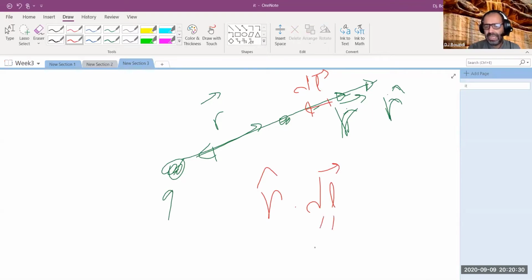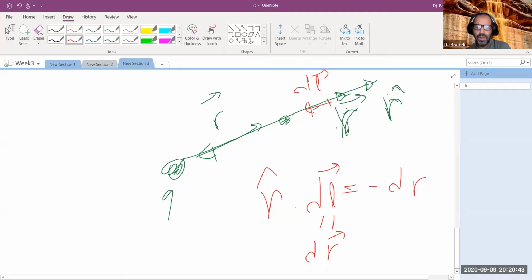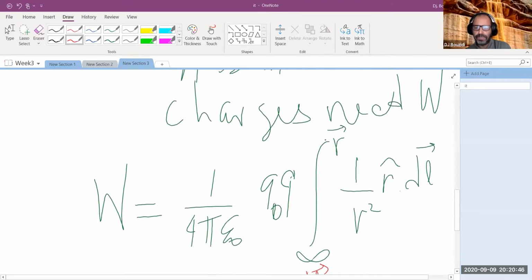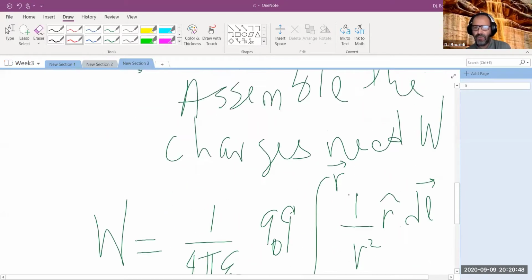So this is actually a dr also, it's a radial displacement, but it's in the opposite direction. So it should be minus dr. Okay, no problem. So this is the work.